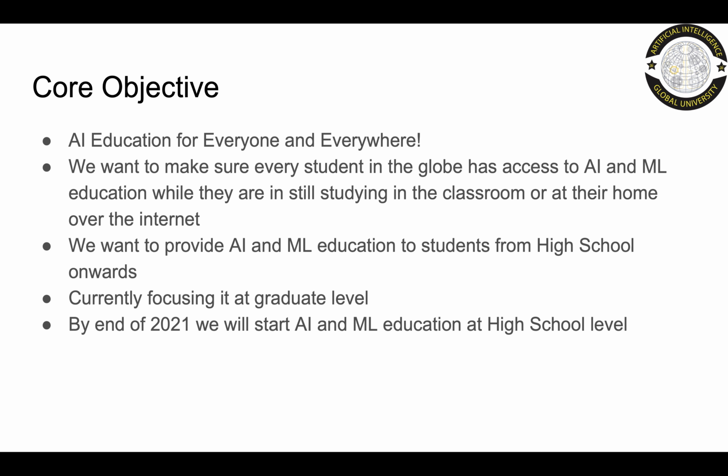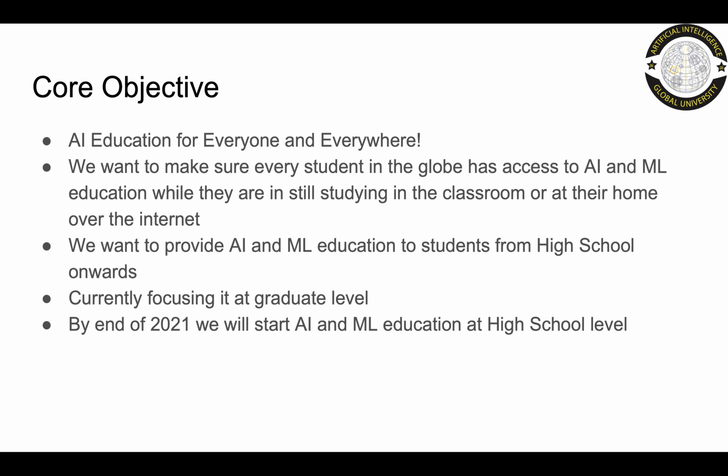Our objective, our principle at AIGU, is AI education for everyone and everywhere. It does not matter whether you are in a developed country or a developing country. Our objective is to make sure that AI education is available for everybody.